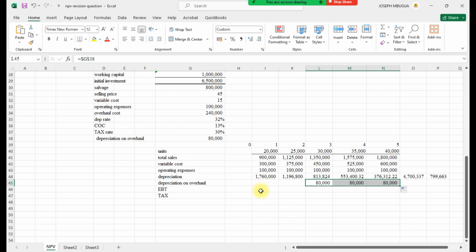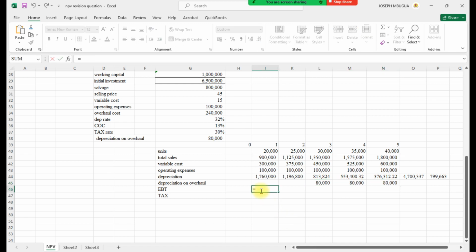Earnings before tax. Remember, for earnings before tax we shall just take sales minus all these expenses that we have. That's why I did not include negatives. I've seen majority of you don't like working with negatives, you just like minusing. So you take the total sales and subtract this particular expense, and I will drag that.